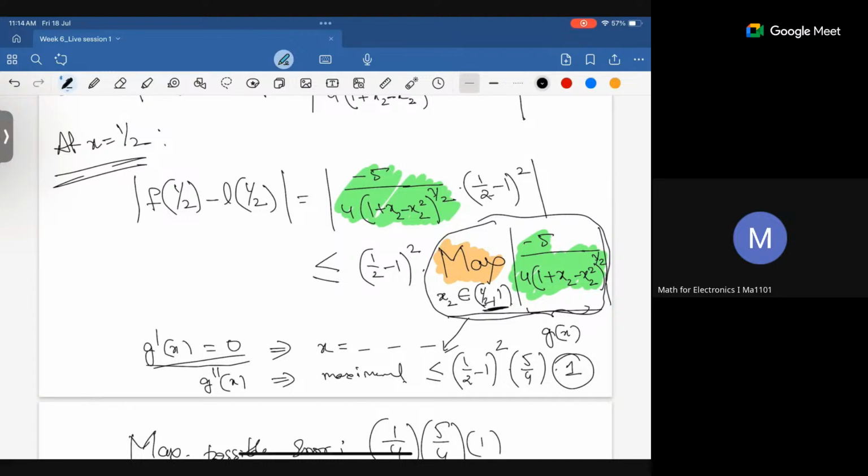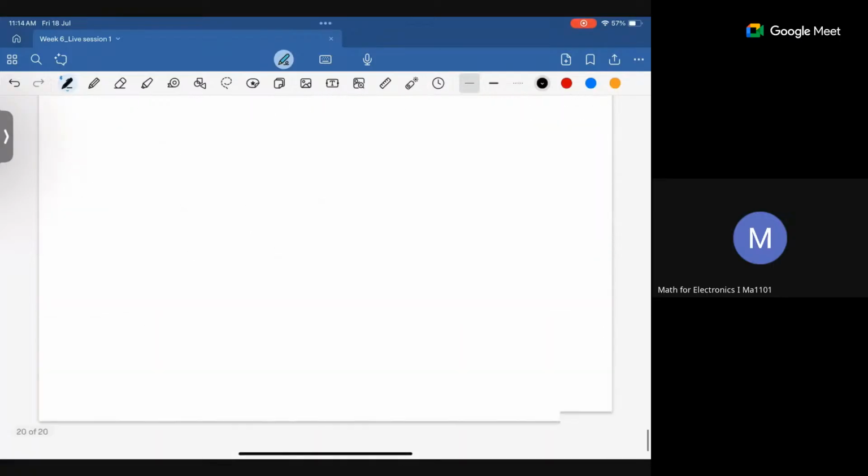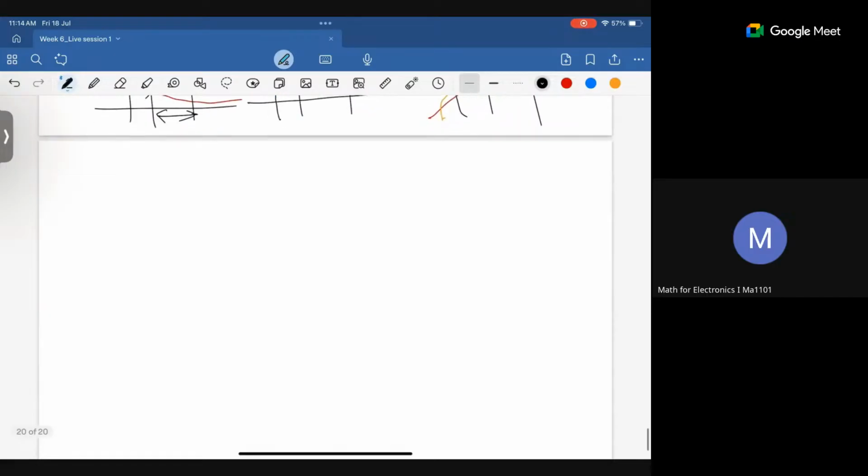I should have written 1 by 2. So my point is, if you have something like max of x2 belonging to interval a comma b, and you are trying to find the maximum value of 1 by x2, will this tend to infinity? No, this will not tend to infinity.